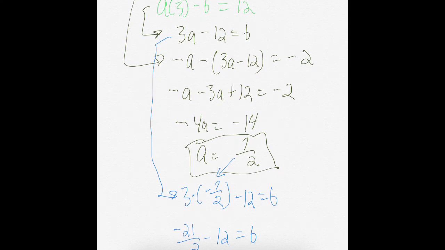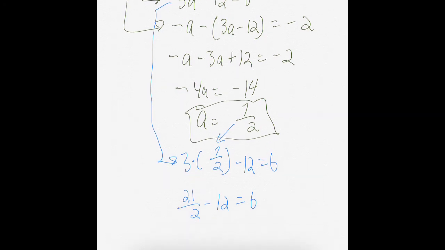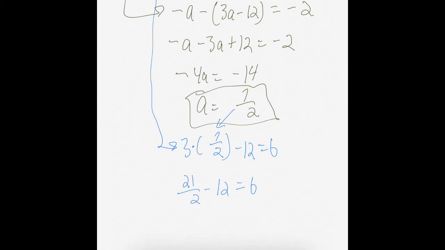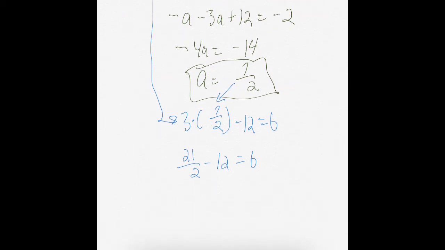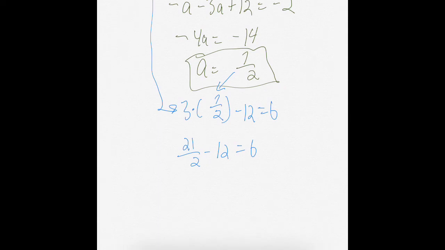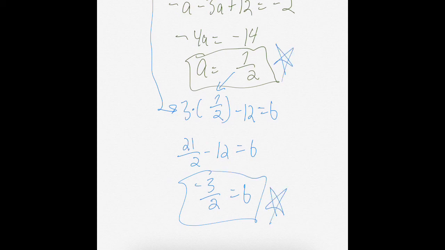Excuse me, I do have a typo. a should be positive 7/2, so that becomes positive, positive. There we go. And so now this becomes 21/2 minus 12 equals b. Well, 12 is 24/2, so this becomes minus 3/2 equals b. And now I have my values of a and of b. And so that does it. That gives us our solution.